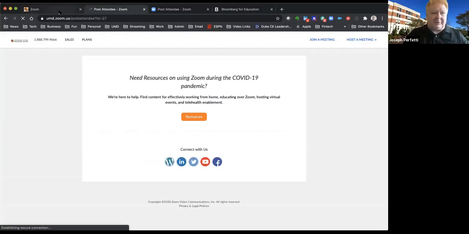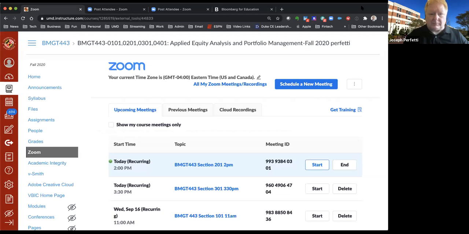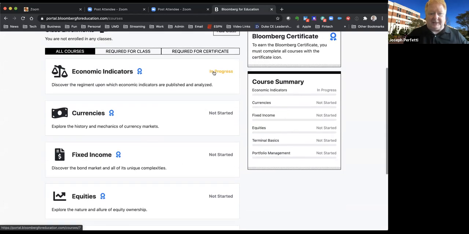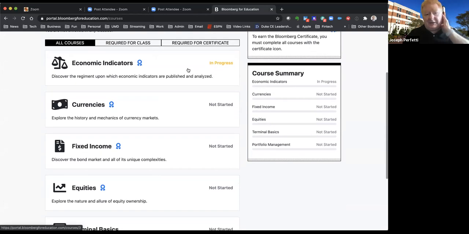So under Bloomberg, if you go to your BMC, basically for Friday, you need to make sure that you complete these 4 sections. And what's most important is when you complete these sections, that you show that you have 70% or higher correct in each one of the sections. Okay, so this plus a certificate equals certification. If you don't have 70% in any of the sections, you're not considered to be certified.